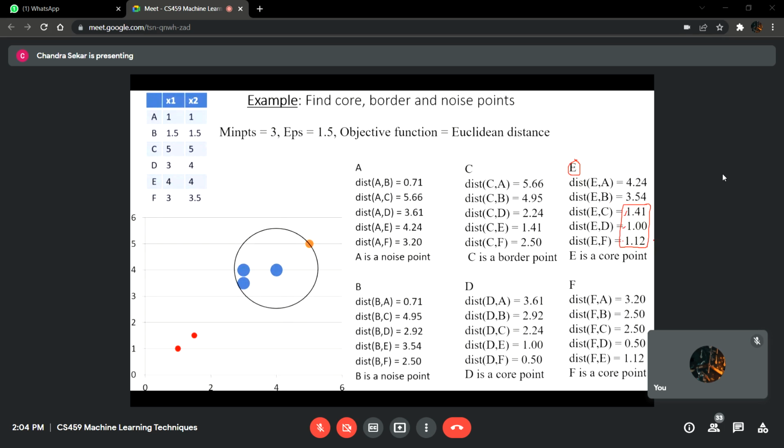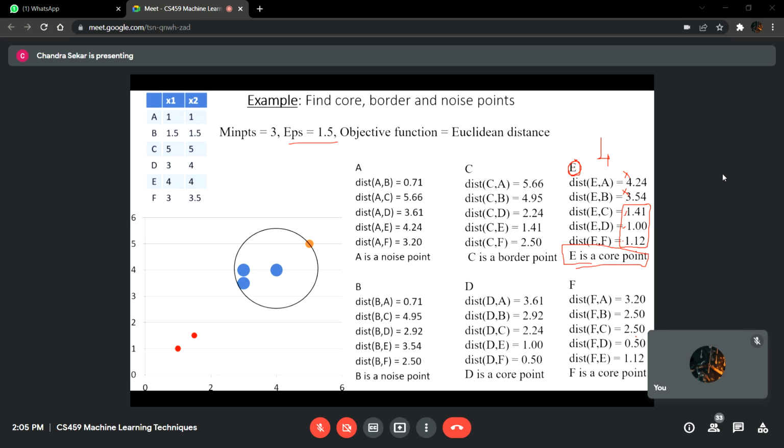These other points are more than 1.5 away from E, so they will not be considered. Only these 3 points will be considered in addition to the actual data point itself. So 4 data points are lying within the epsilon radius, so E can be called a core point.